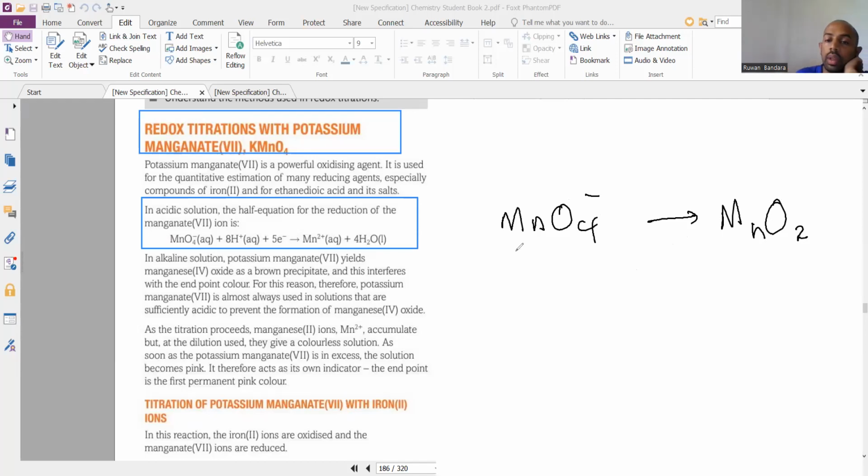Just for your information, here the oxidation number of manganese is +7 and this is +4, right? So there will be only a small change. Compare with the previous one, +7 to +2 means 5 electrons.